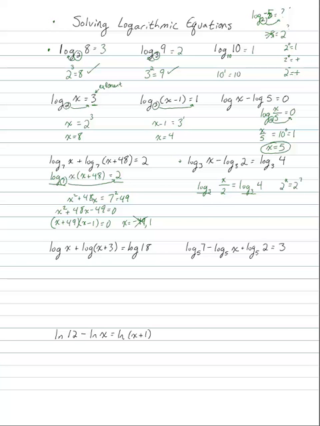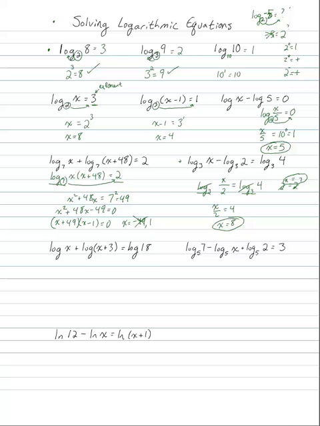If my log base 3's are the same, that means I can basically just cancel them out. My insides have to be the same. That's the only way this is going to be true. Same way we canceled it out with bases and just let the x equal 7. So I'm going to have x over 2 equals 4. So x is going to equal 8. And that's it.